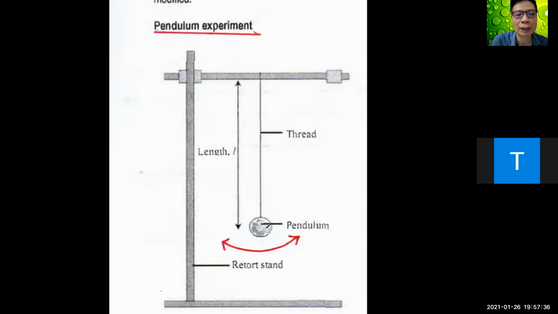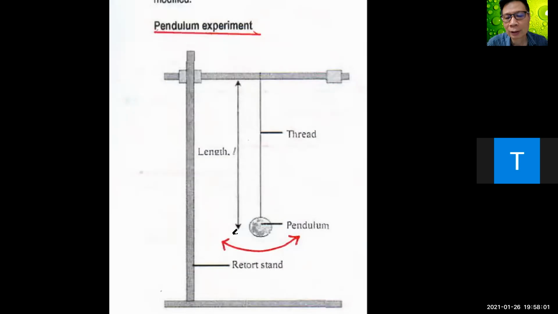You make this thing swing, oscillate, left, right, left, right. Then after that, you make the thread shorter and you see what happens. Shorter, shorter. You are controlling the length. Then you see what happens to the time taken to make an oscillation.